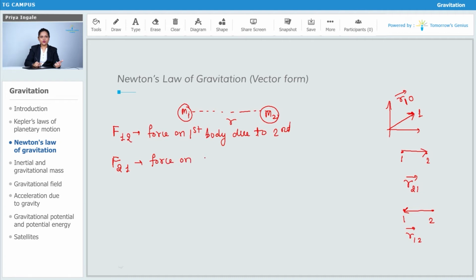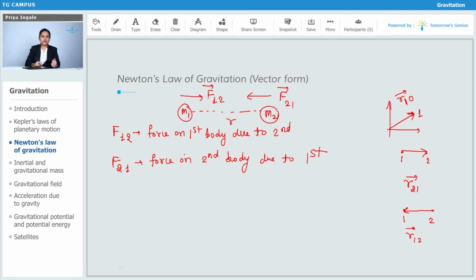So m1 is getting attracted towards m2, force will be in this direction, correct? So that can be force on first body due to second one. And similarly force on second body due to first body is this, because this is an attractive force, so they are pulling themselves towards each other.